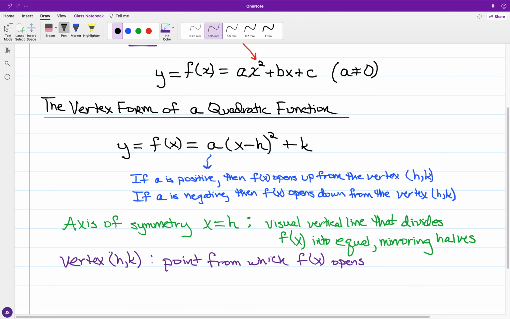If it's opening upward, it would be something like a hybrid between the letters U and V in appearance. So the graph of a quadratic function is a parabola.